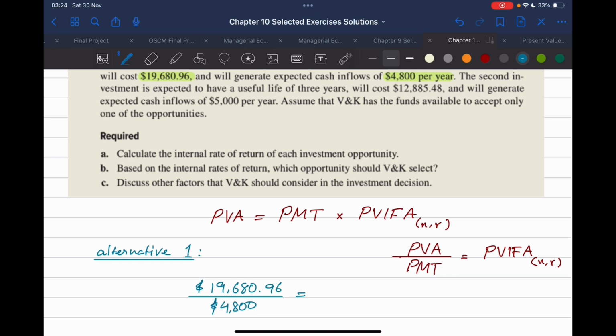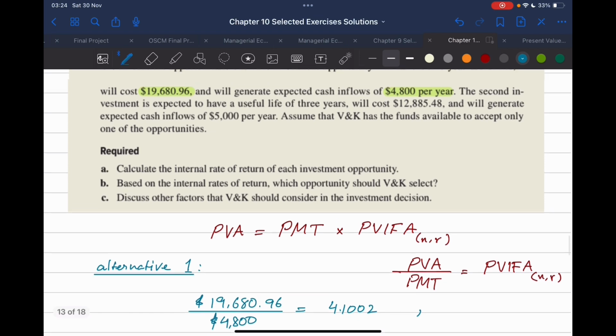Using a calculator, 19,680.96 divided by 4,800 is going to give me a present value interest factor of annuity of 4.1002. So now I know the factor.